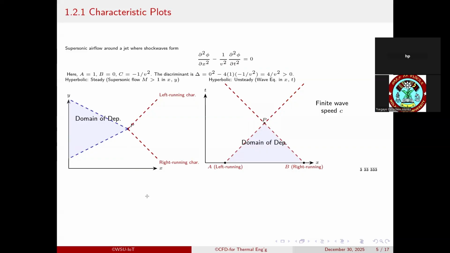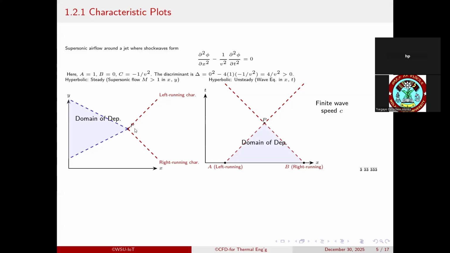This is common in high-speed CFD simulation of sonic airflow, jets, with finite speed of information propagation. The solution ultimately depends on the initial and boundary data, propagated via characteristics.